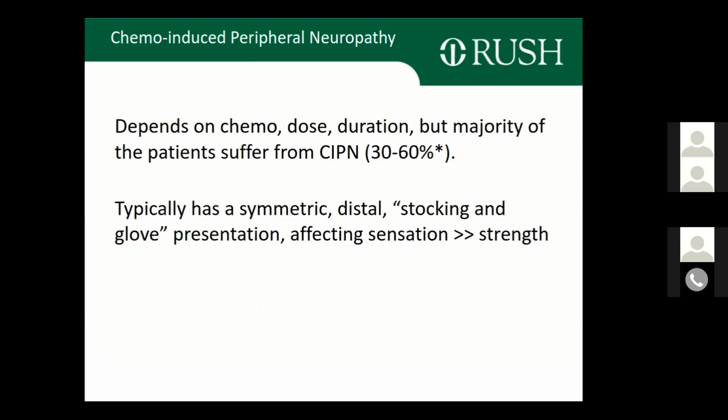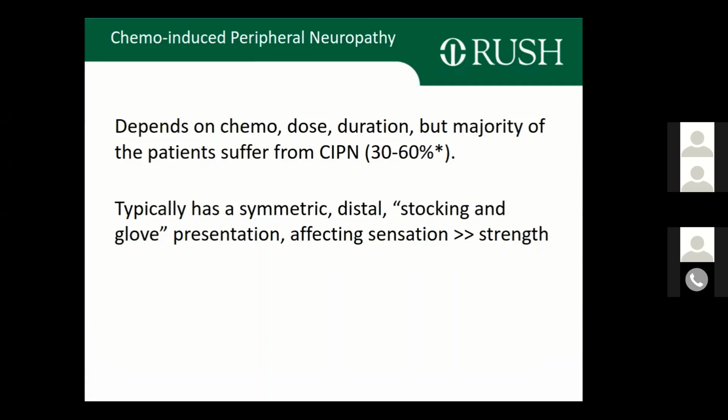Researchers have measured it by just asking patients, do you have symptoms of burning, pain, numbness, etc.? An additional question may be, because of these problems, do you have trouble doing your day-to-day activities like walking around, doing your buttons, getting dressed, or working? Obviously more people would have symptoms, but fewer patients will have actual problems because of the symptoms.